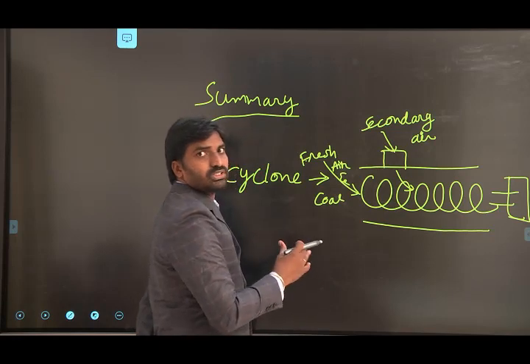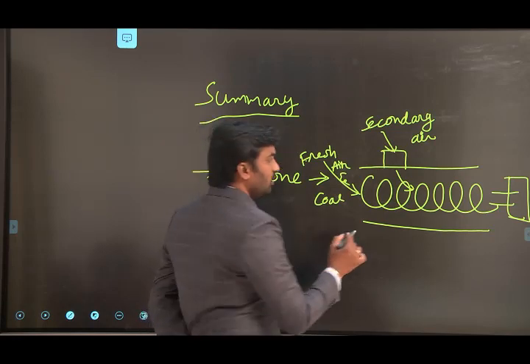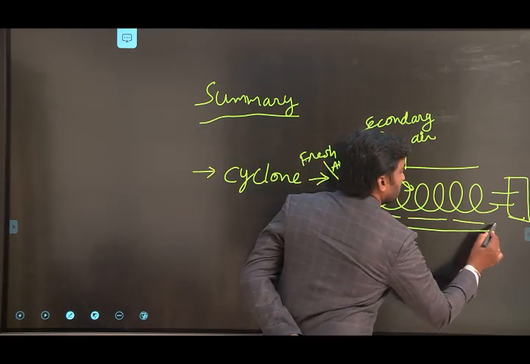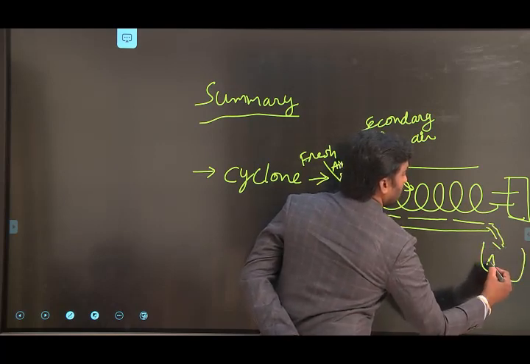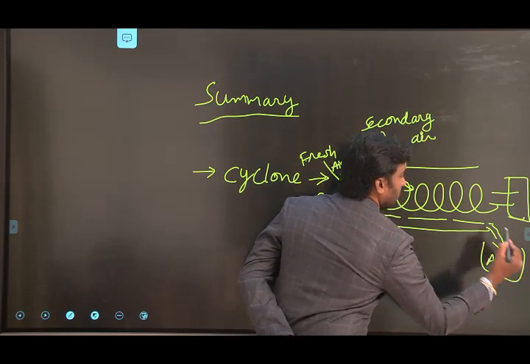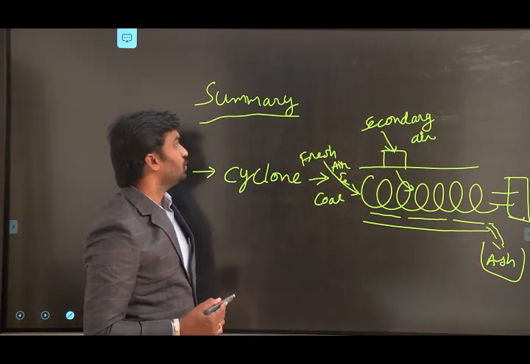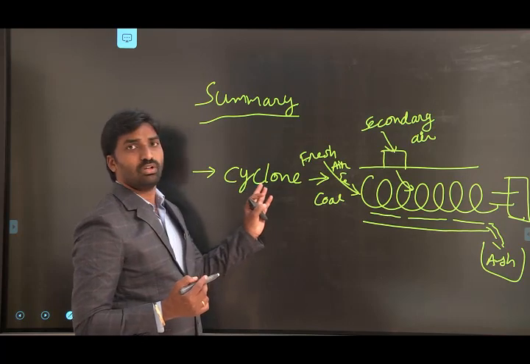After the combustion of the entire coal, on the bottom part we are collecting the ash content. So this is about the cyclone furnace.